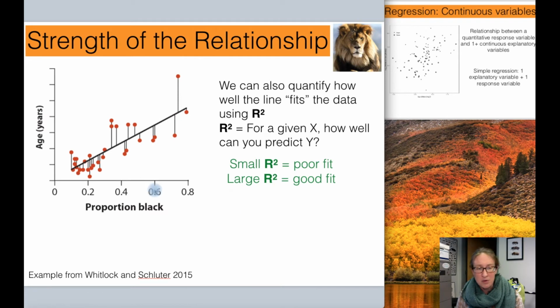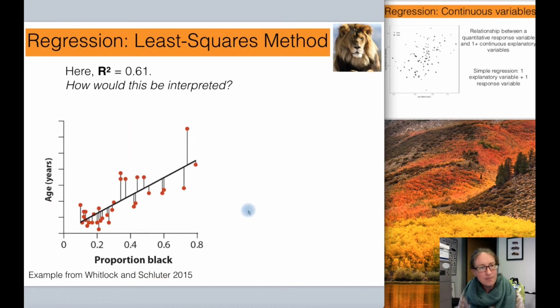So we know if a lion's nose is exactly 60% black, exactly how old it is. And in contrast, if our R-squared is small, so if it's really close to 0, that means we have relatively low predictive power. So if we know how black the lion's nose is, we don't really know exactly how old it is. We have a pretty large ballpark for that.